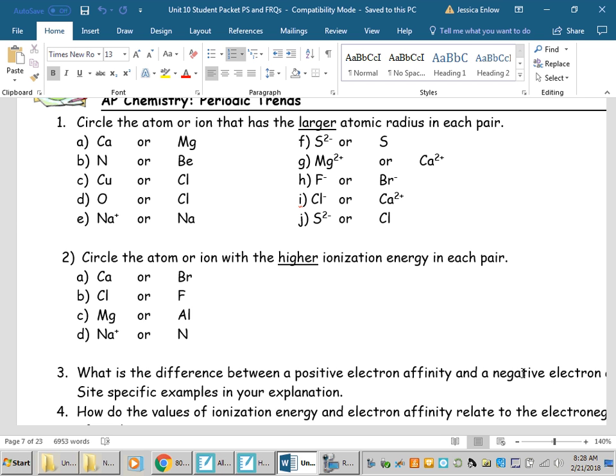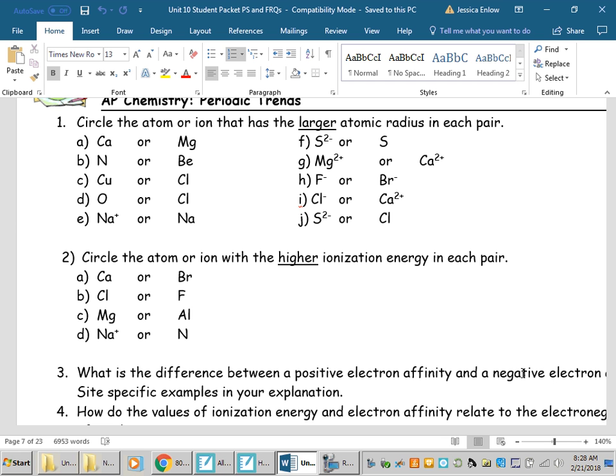I heard calcium 2 plus, and I heard chlorine minus. So I'm going to show you on the periodic table. When calcium loses its 2 electrons, it looks like the noble gas electron configuration of argon. So it only has a total of how many energy levels? 3. But chlorine also has 3 energy levels, but calcium has 2 less electrons. So who's winning this battle in the proton versus electron ratio?